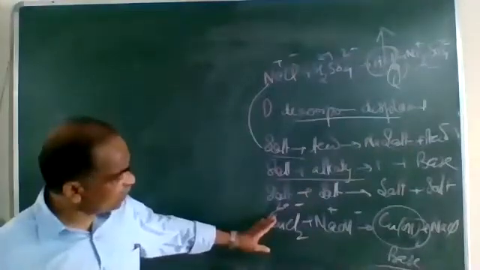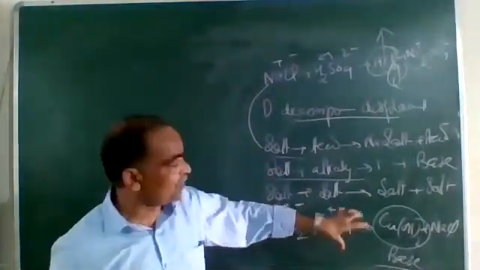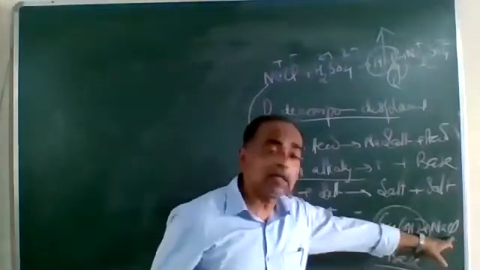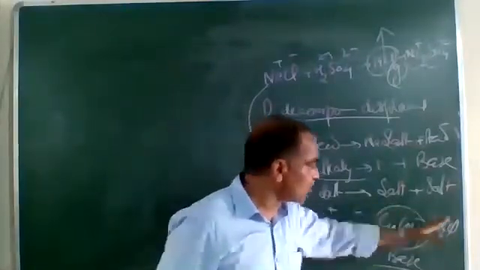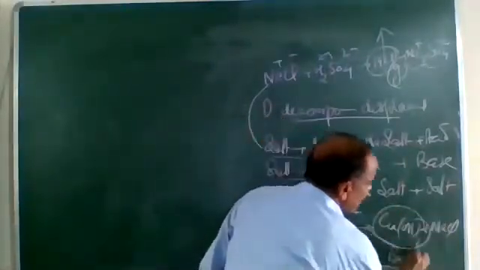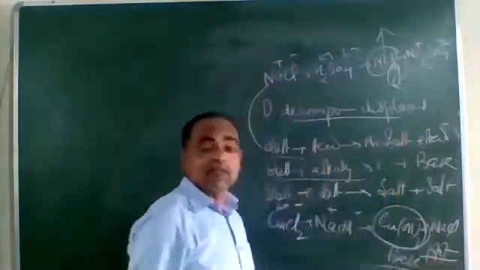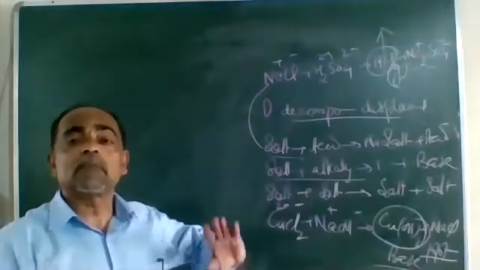So in the reactants there are 4 ions, Cu2+, Cl-, Na+, OH-, and Cu(OH)2 does not ionize, and NaCl is in solution. So reactants 4 ions, products there are only 2, and the one which is not ionized, we call that a precipitate. So a double displacement reaction can also be a precipitation reaction.